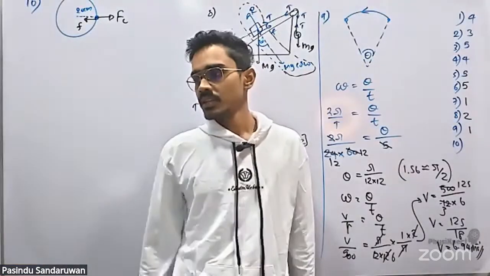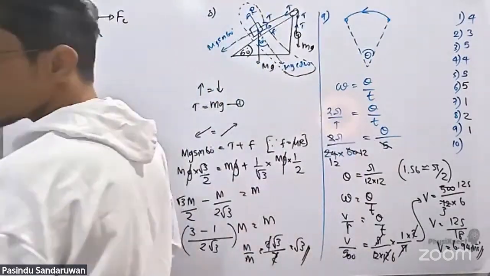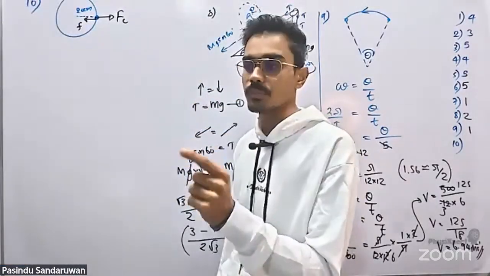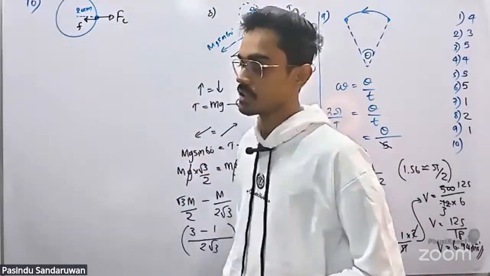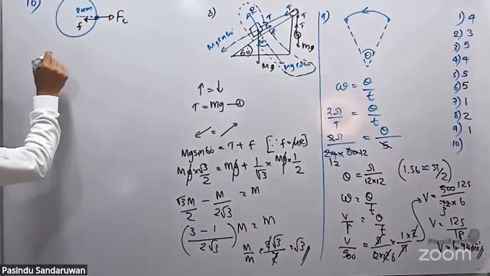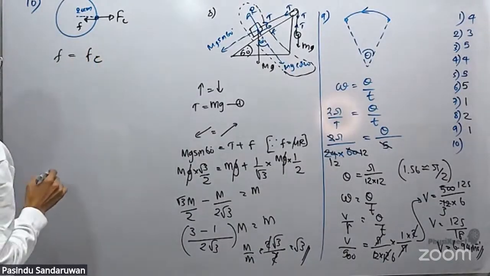Right? Then, balance these two, because it says the objects are not moved away, so it should be at rest like this. F equals Fc.